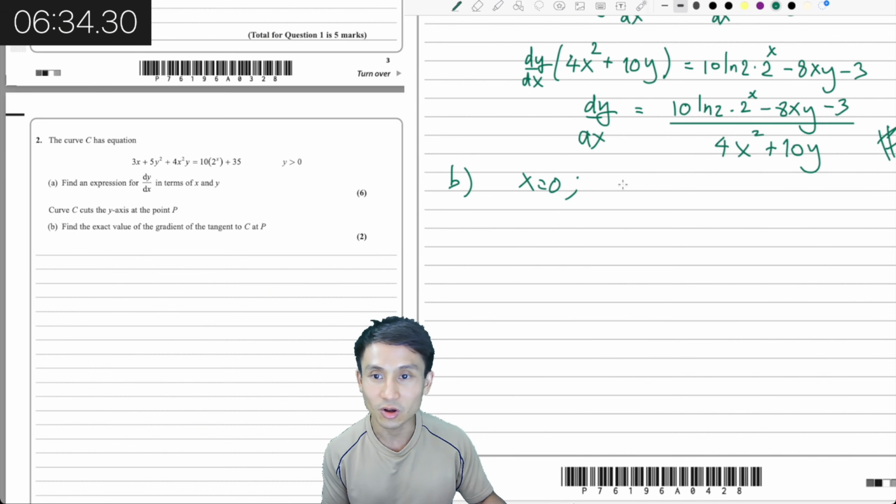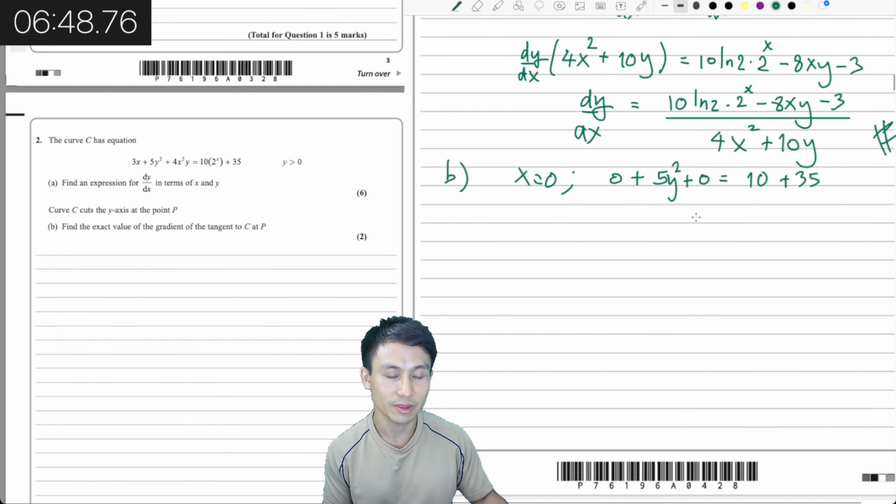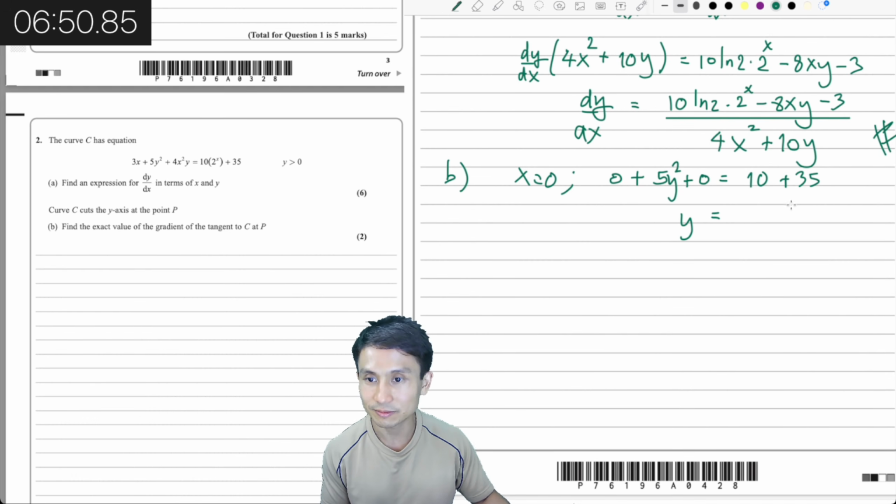So if you put 0 to the x's, we get 0 plus 5y squared plus 0 here equals 2 to the 0, which is 1. So that's going to be 10 for the first term on the right side. That's still 35. So here y squared would be 45 divided by 5, which is 9, and then we take a square root.